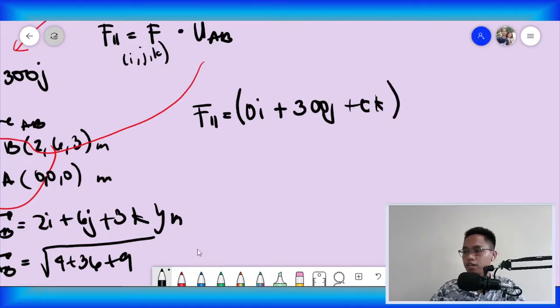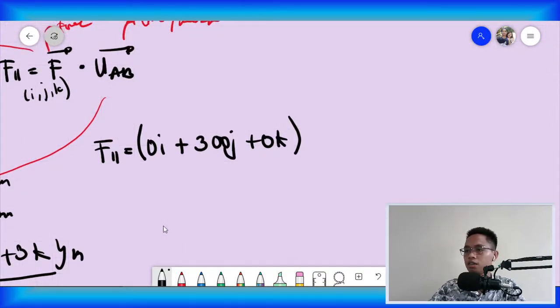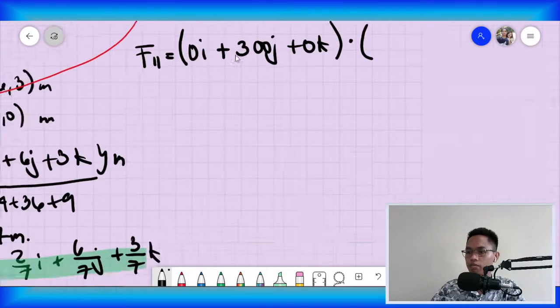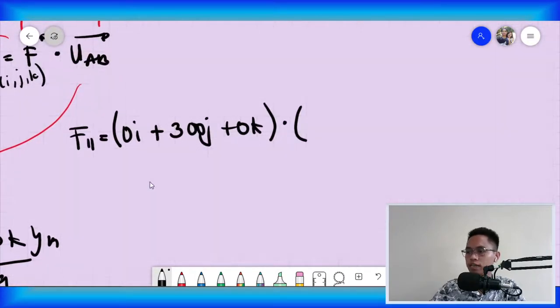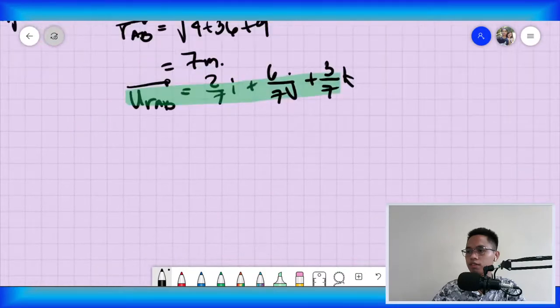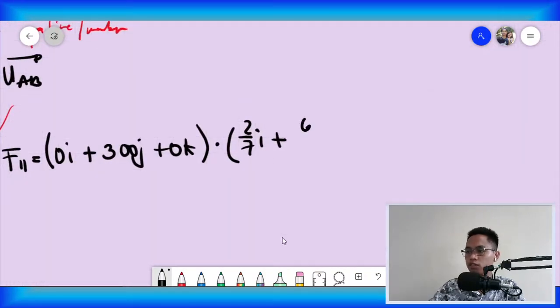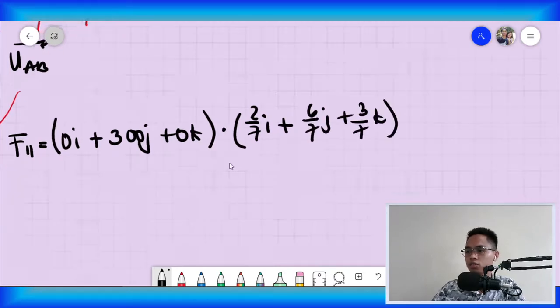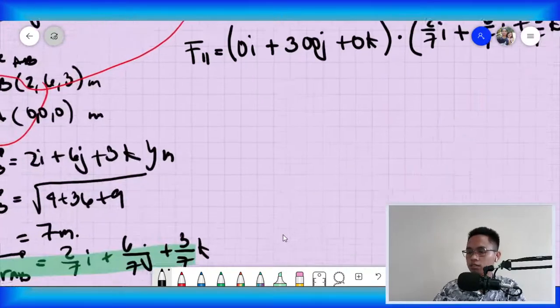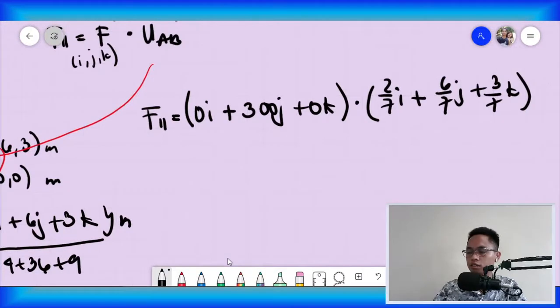Then we take the dot product with UAB, which is 2 over 7 i plus 6 over 7 j plus 3 over 7 k. Based on the formula, the dot product is just multiplying all the x components, so this would be 0 times 2 over 7.